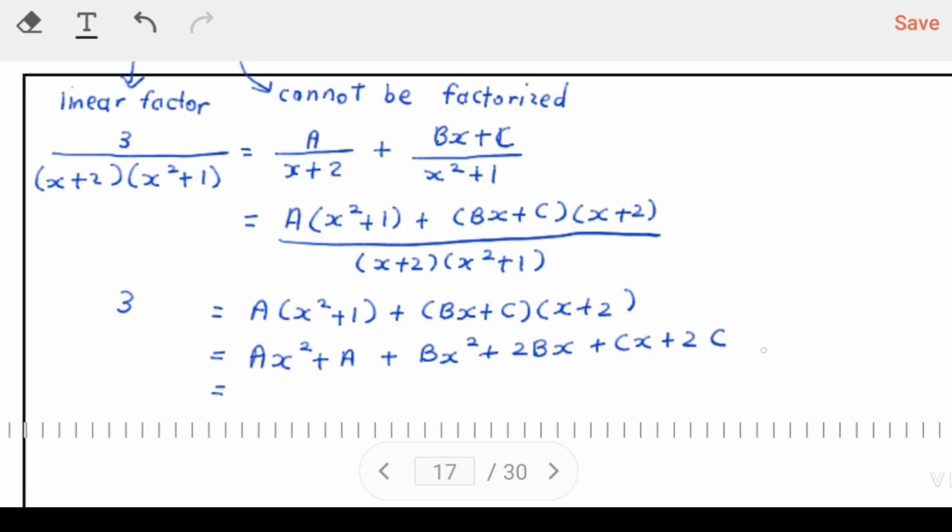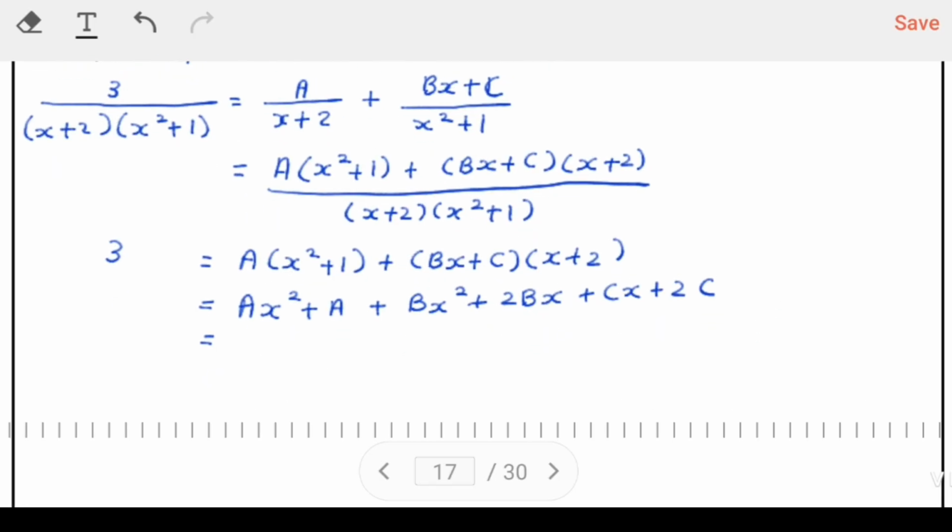Then rearrange the expression according to the power of x. For x squared, we have a plus b. For x power 1, we have 2b plus c. And for x power 0, or constant, we have a plus 2c.